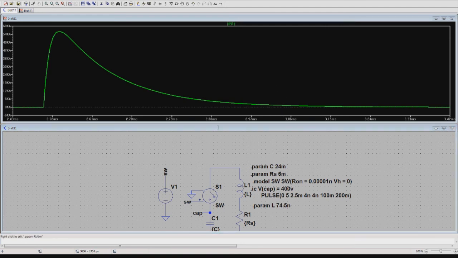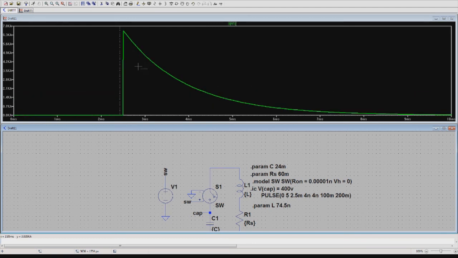For example, if we make rails that are too long, if we use wires, and what happens if we make the projectile too bad, simply wires and such too long of rails. That will greatly influence, so let's put a factor 10 in the series resistance.